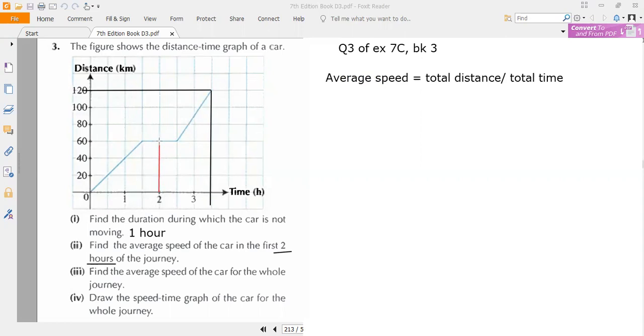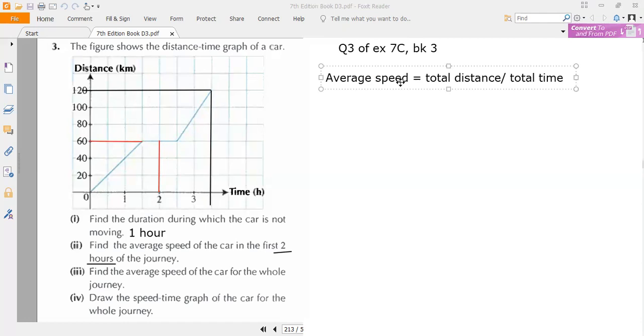From 2 hours, I have brought it to the graph, and now I am taking it to the distance. It is shown that in the first 2 hours, the body has covered a distance of 60 kilometers.